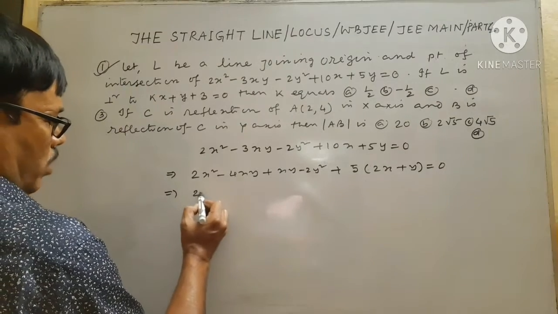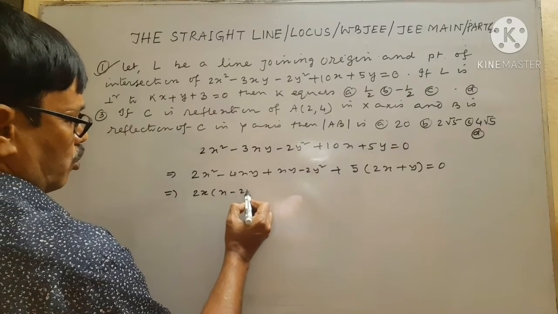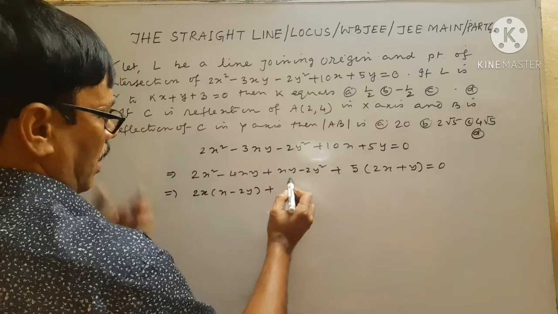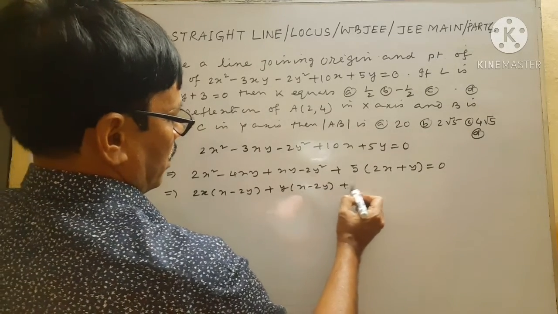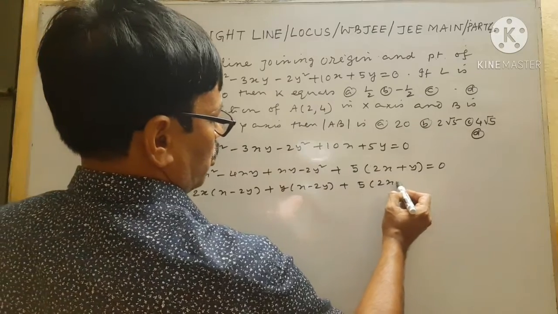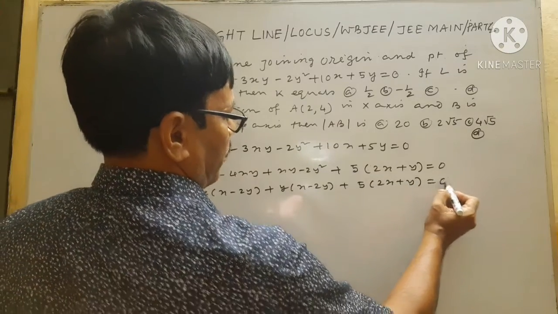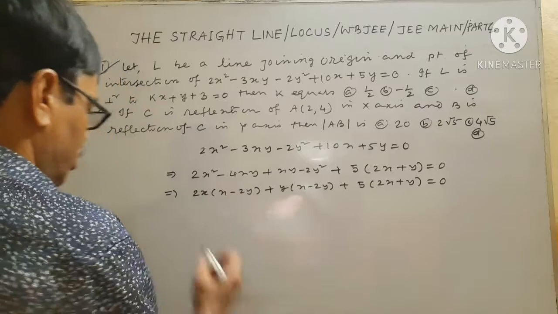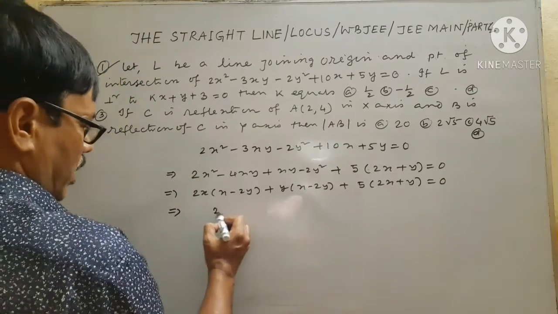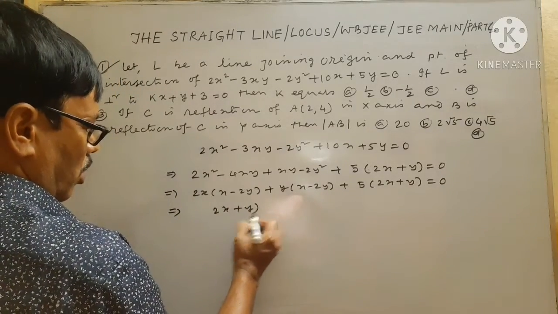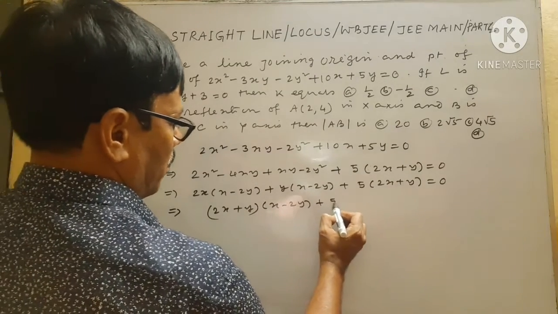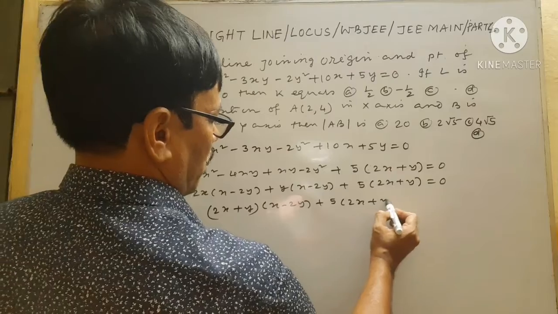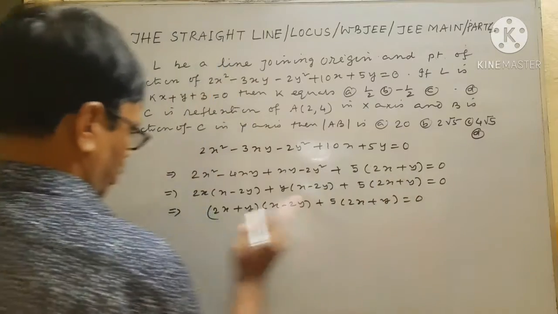So this is 2x, x minus 2y plus y common, x minus 2y, 5 into 2x plus y equals to 0.